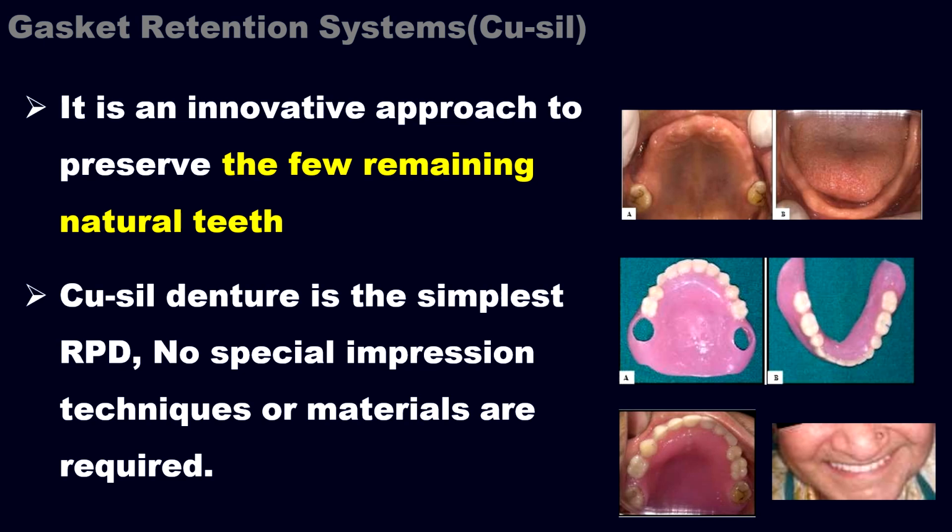As you can see in the image, the teeth are present in the upper image within the completely edentulous arch. So to preserve the remaining natural teeth, holes are created in the upper denture so that the denture can be supported by the remaining teeth.